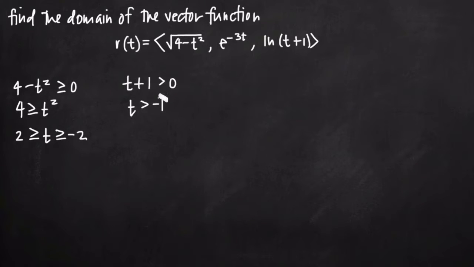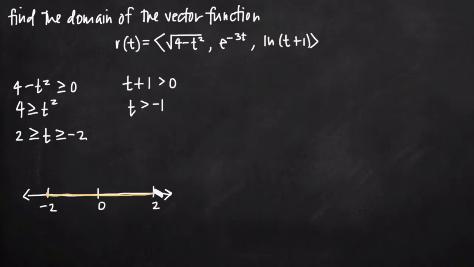Now, since we've looked at the domain of each of these separately, we put our domains together. From our first inequality, t is greater than or equal to negative 2 and less than or equal to positive 2. If we draw a number line that defines the domain of t, we can mark negative 2, 0, positive 2. So t is defined everywhere between negative 2 and positive 2, including the endpoints.